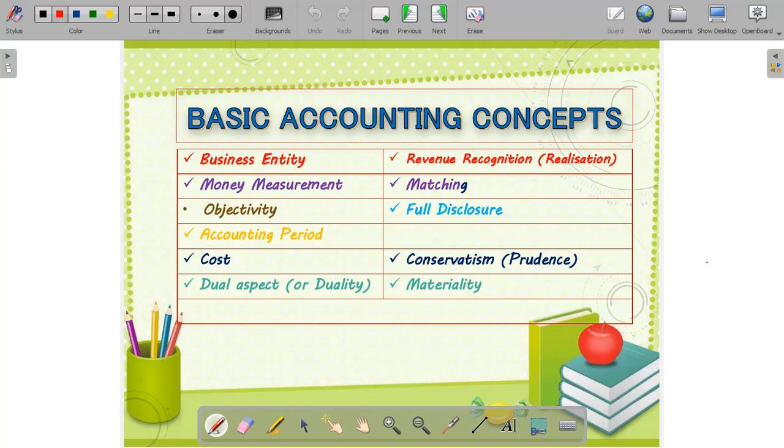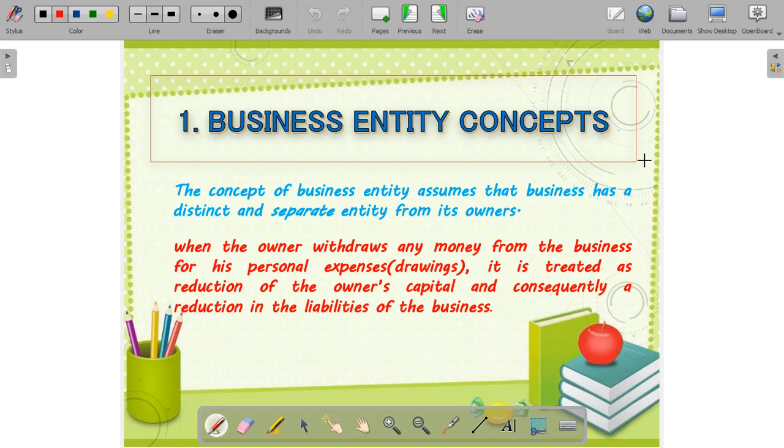Those are business entity principle, money measurement principle, objectivity principle, accounting period principle, cost principle, dual aspect principle, revenue recognition principle, matching principle, full disclosure principle, conservatism principle, and materiality principle. We'll discuss them one by one, but in this video, we'll only cover 5 accounting principles.